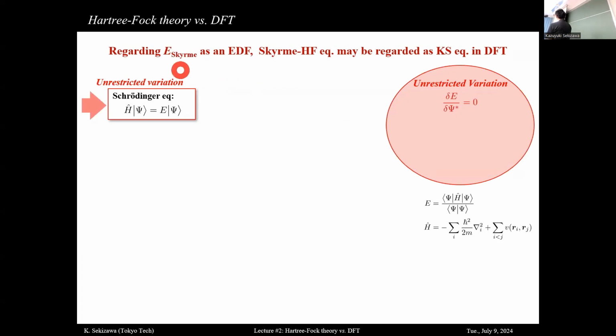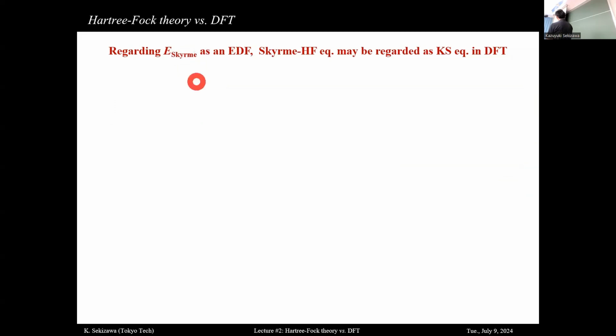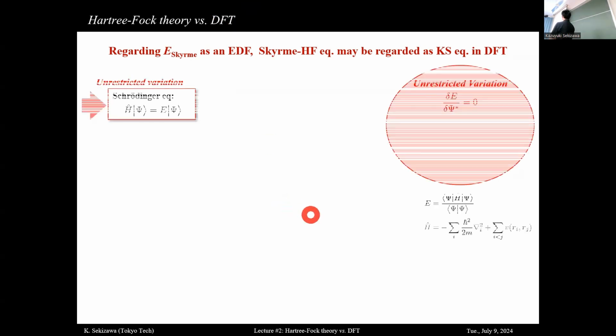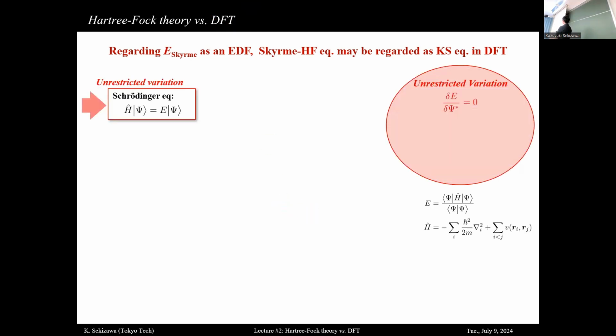Regarding the total energy with the Skyrme effective interaction as an EDF, the Skyrme Hartree-Fock equation can be regarded as a Kohn-Sham equation in density functional theory. That's the point. As I mentioned, if we perform variation without any restriction on the many-body wave function psi, you can derive the many-body Schrödinger equation.